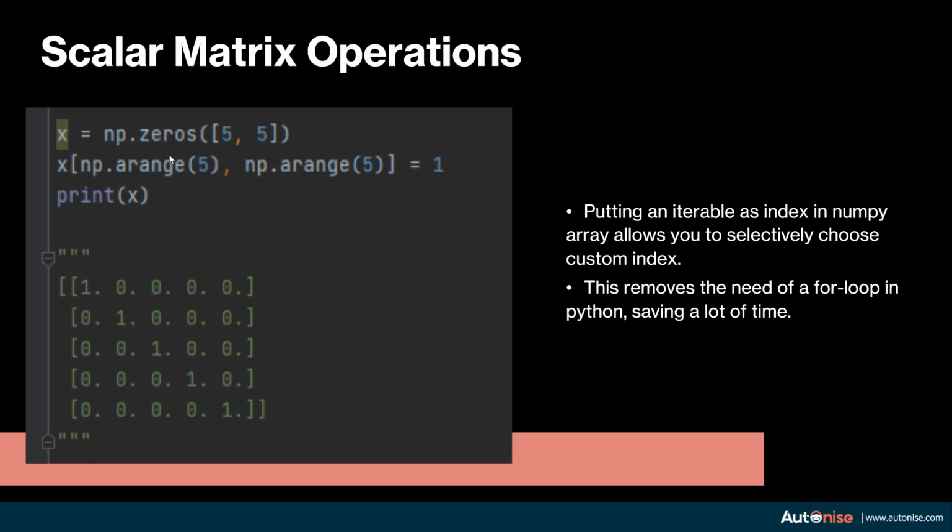So we'll have x of 1, 1 equal to 1. This will keep on going, and always the value on the first dimension, which is the row dimension, will be equal to the value in the column dimension, and all the diagonal elements which have the same row and column number will be set to the value of 1. So we can get the value 1 on all the diagonal elements of the array.